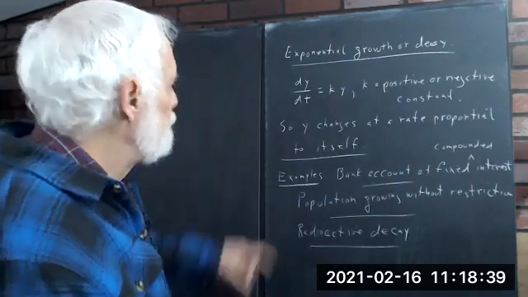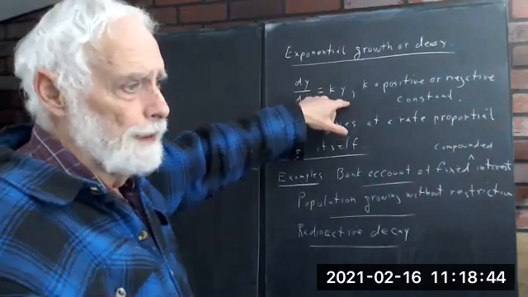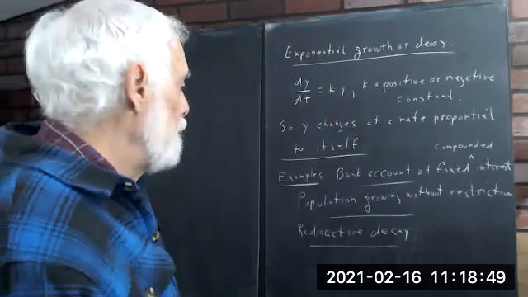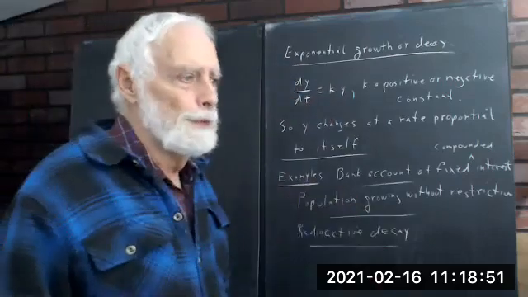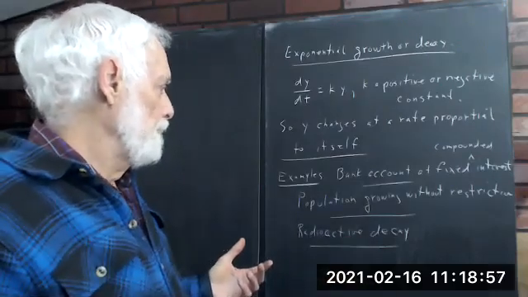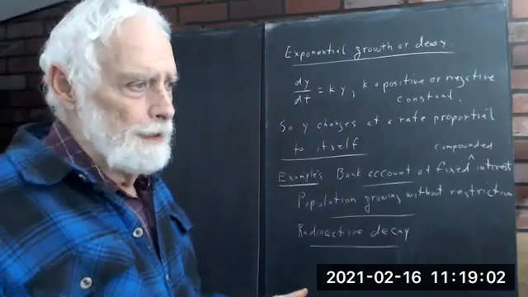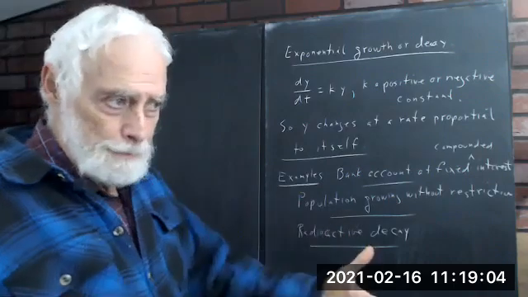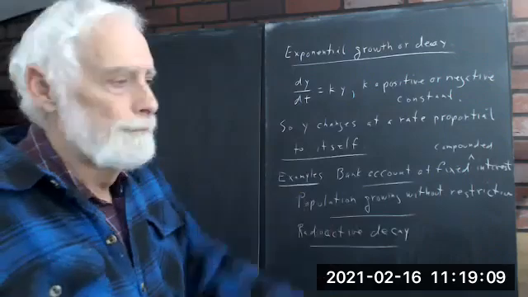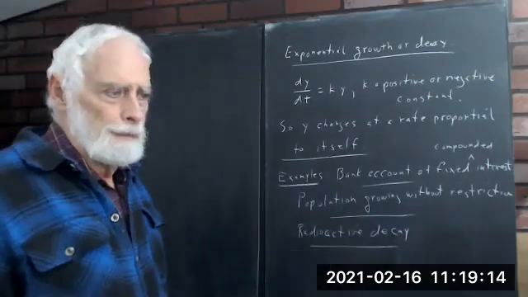In every case, the rate of change is some fixed number times how much you've got. For interest, it's just basically your interest rate. Population growth, well, that just depends on how frequently, let's say the probability that any female in the population will produce an offspring or some number of offspring.